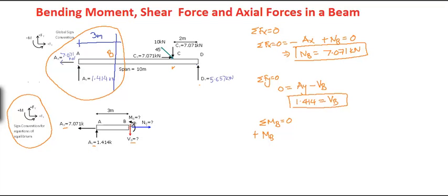Ax is also passing through point B, so the only remaining load is Ay, which is 1.414 kilonewton times the distance of 3 meter, and this is trying to rotate the beam in the clockwise direction, so negative, and the sum should equal 0. This gives moment at B equals 4.242 kilonewton meter and positive.